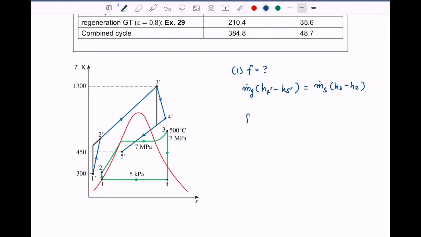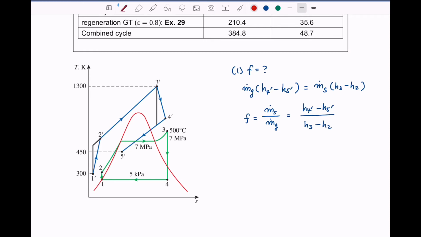Now F is defined as the amount of steam generated per unit mass of air or gas, which can be calculated by (H4 prime minus H5 prime) divided by (H3 minus H2).